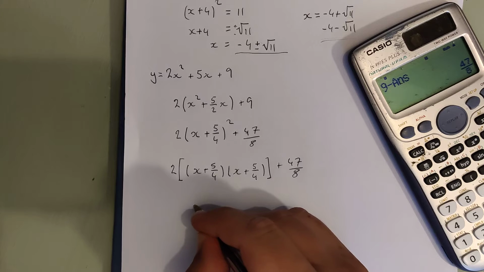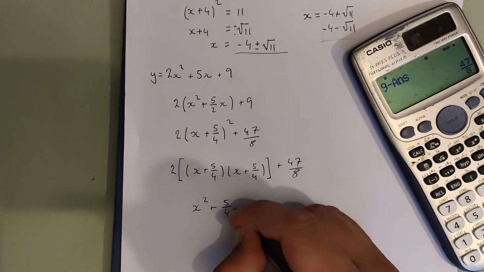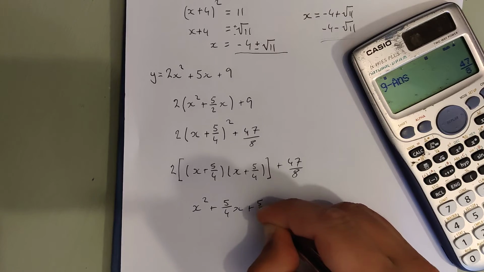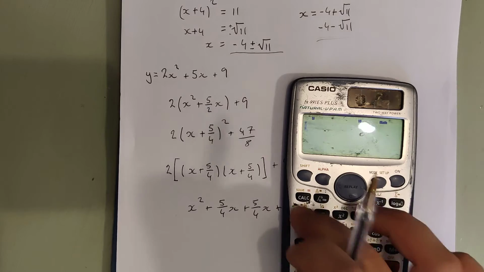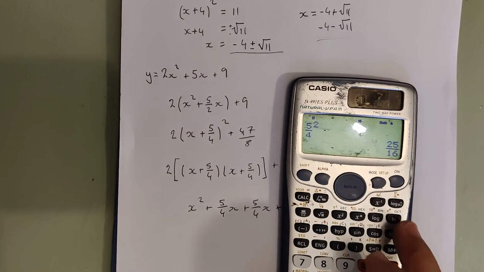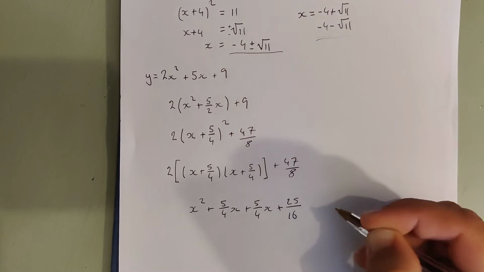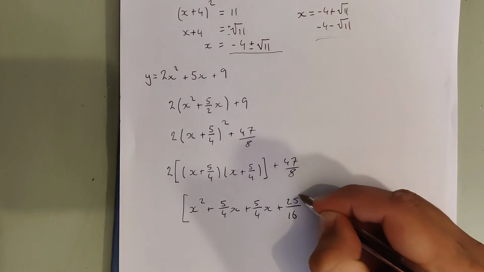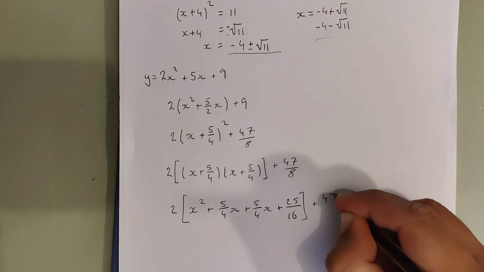So we get x squared plus 5 over 4 x plus 5 over 4 x plus 5 over 4 squared, which is 25 over 16, multiplied by 2, plus 47 over 8.